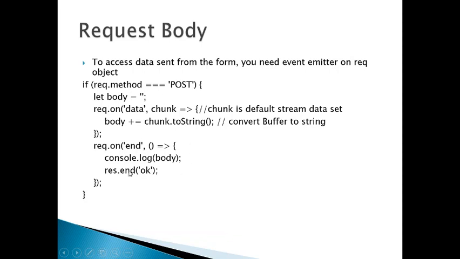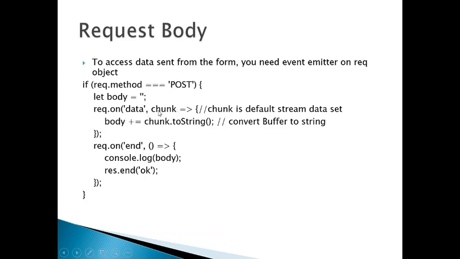Like if a client sends form data, to receive the form data we apply a listener on the data event. So data is the event here, and on is the listener on the request object. It is actually an event emitter. Request is emitting the event of data, and we are reading it using on. And when the data is received, it will be in the shape of a chunk.